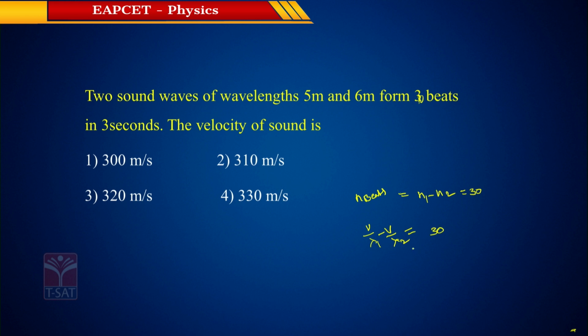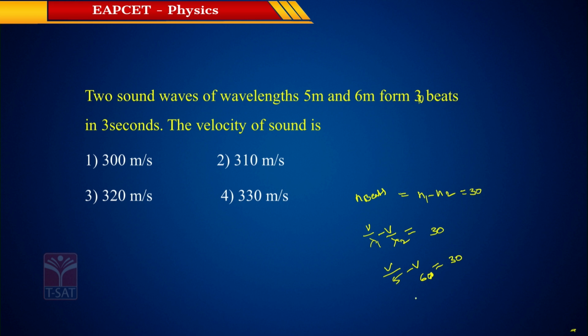Okay, you substitute the values. What are the values? Here v by 5 minus v by 6 is equal to 30. What happened here?